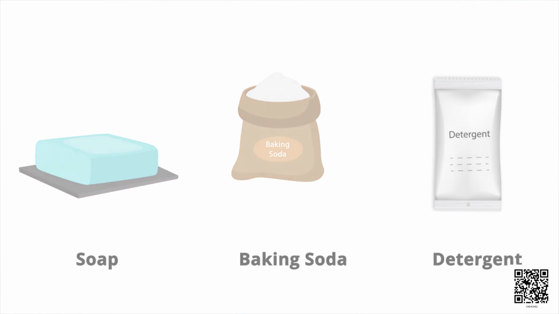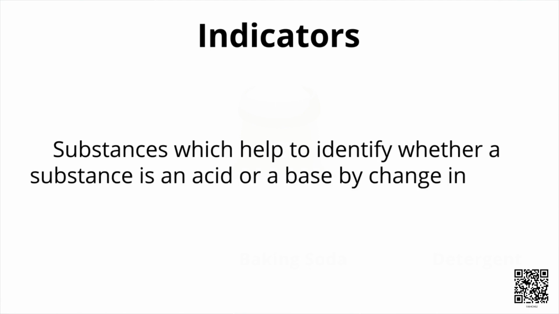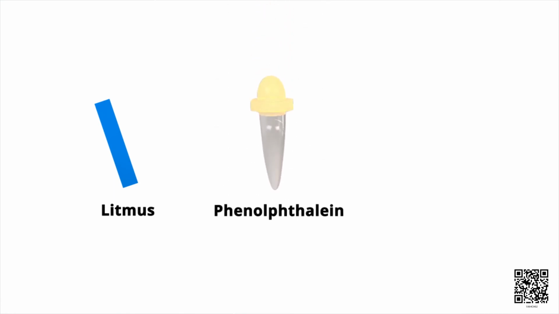Children, do you know that it is not recommended to taste each and every substance? So, to identify whether a given substance is an acid or a base, we can use indicators. Some examples of indicators are litmus paper, phenolphthalein, and methyl orange.